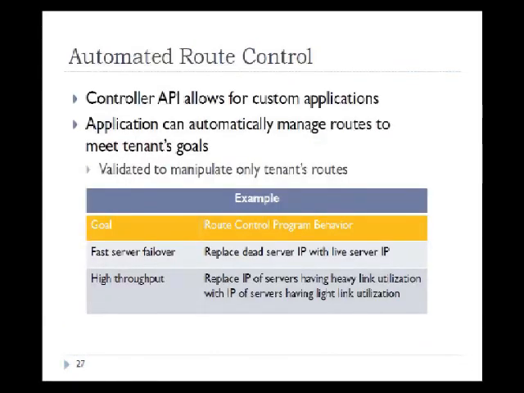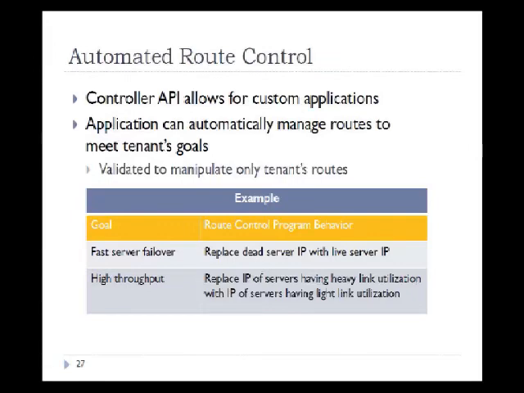So in the next couple of slides, I'm going to briefly talk about the properties of BGP Sharp. The first is automated route control. So automated route control is basically the controller's API allowing tenants to develop their custom applications. And those applications can automatically manage routes to meet the tenant's goals. At the same time, those requests are being validated. And in the table below, I have two examples of route control programs that can satisfy a certain goal.